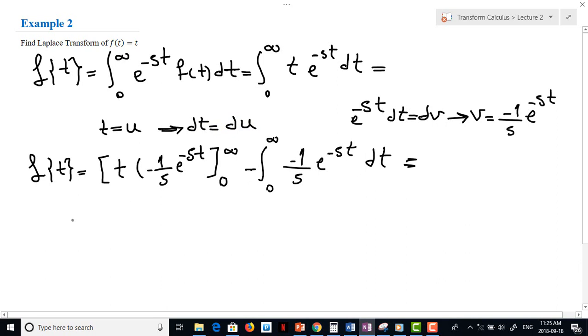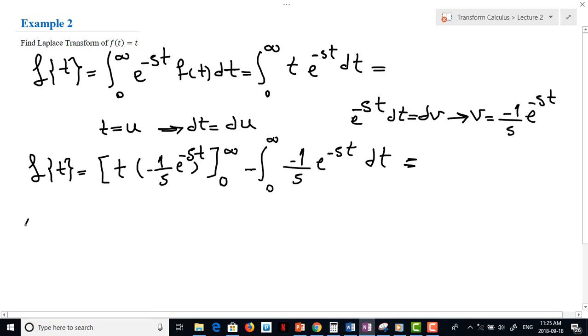At first I have to find these terms, so I have to apply the upper limit and lower limit. What happens if I apply the upper limit? So what's t times minus 1 over s e to the power of minus st when t approaches infinity?